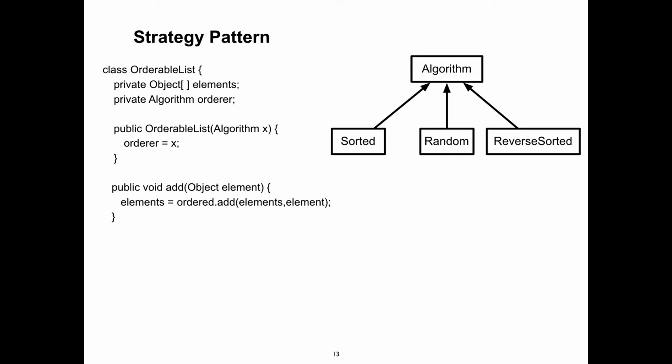And then our ordered list has some field or property that contains that instance of the algorithm. And then we can use it to figure out, when we add something to the list, where it goes, right? So we don't need this huge inheritance structure. We just say, okay, for each way we want to order it, we have a subclass, and the ordered list stays the same.